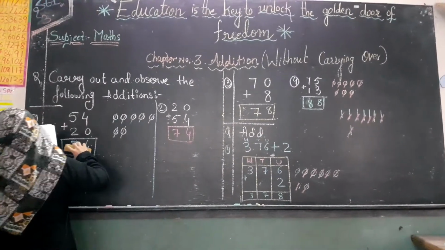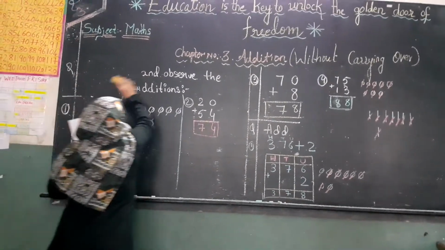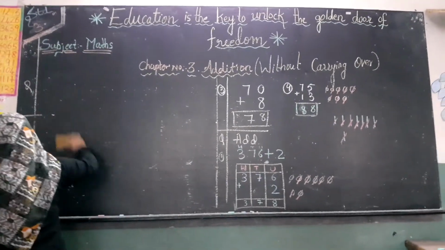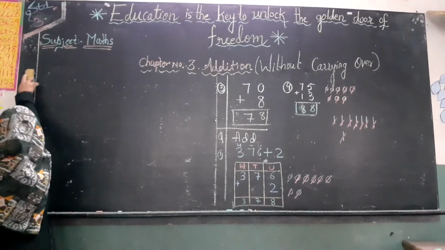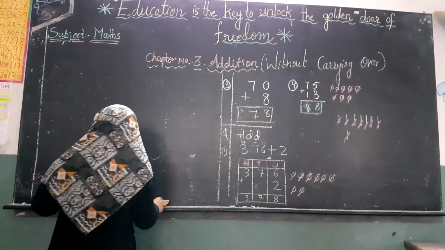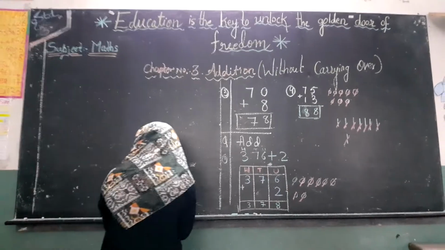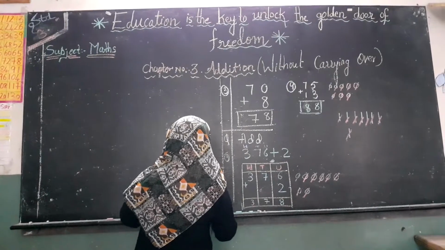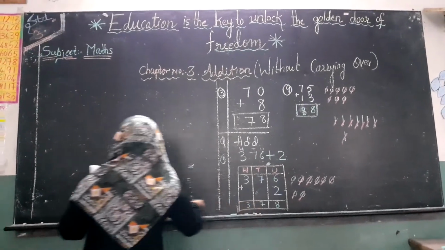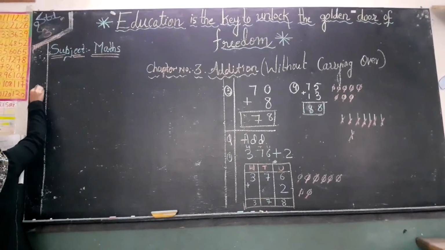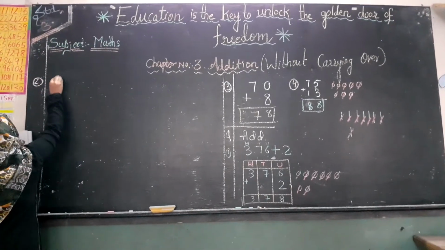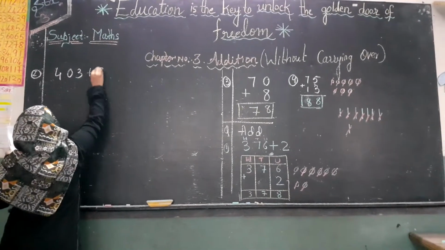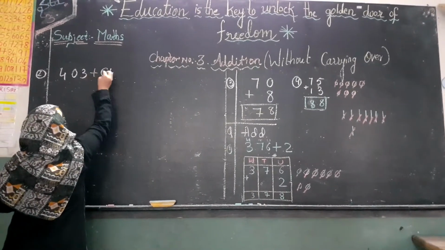Now we will start the second sum. Okay. Now the second question is 403 plus 64.